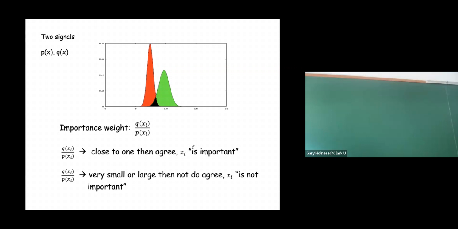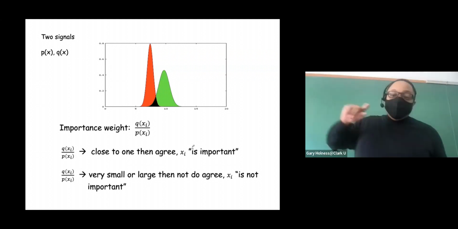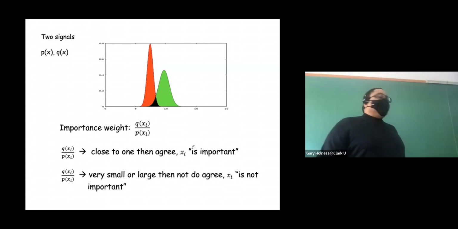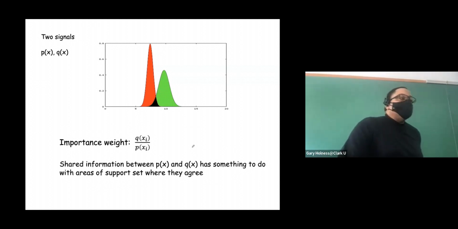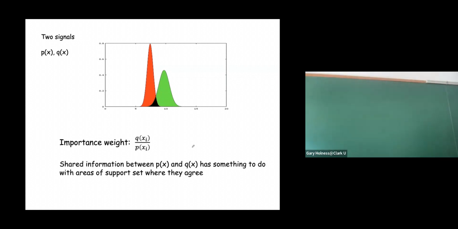And it's used in channel encoding to say what values are most relevant, i.e. not the noise, between the incoming signal to the channel and the outgoing signal from the channel. Does that make sense? All right. So this importance weight measures a notion of shared information.